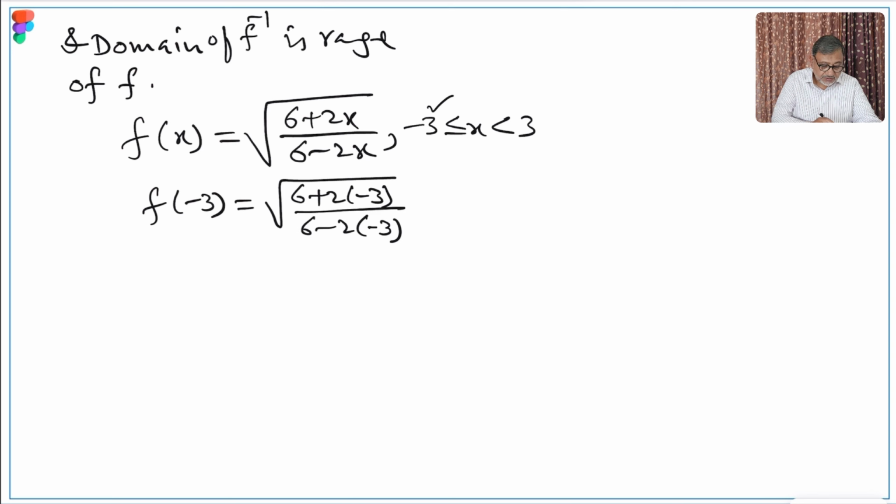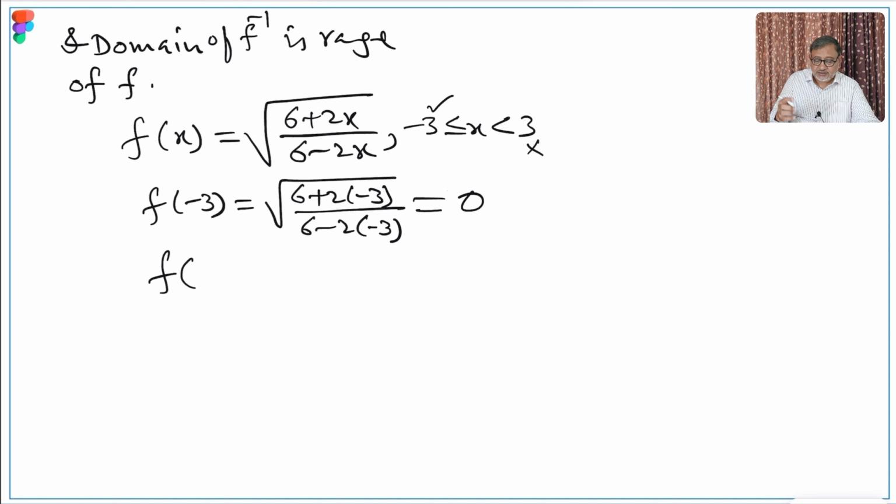So this answer I will find by calculator, or directly I will simplify, 6 minus 6. So it will become 0, right? It will be exactly 0. So no need to find this because numerator is becoming 0. And f of 3 is not the value.